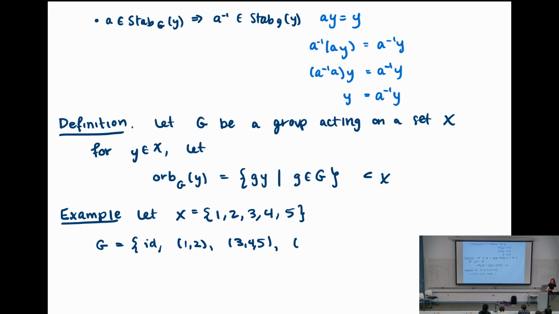So we also have to have (3 4 5) squared, which is (3 5 4). And then we need the product of (1 2) and (3 4 5). And then we also need the product of (1 2) and (3 5 4). And that should be all of the elements. Okay, so the main thing is it contains this, and then everything that you get out of multiplying those two things together.